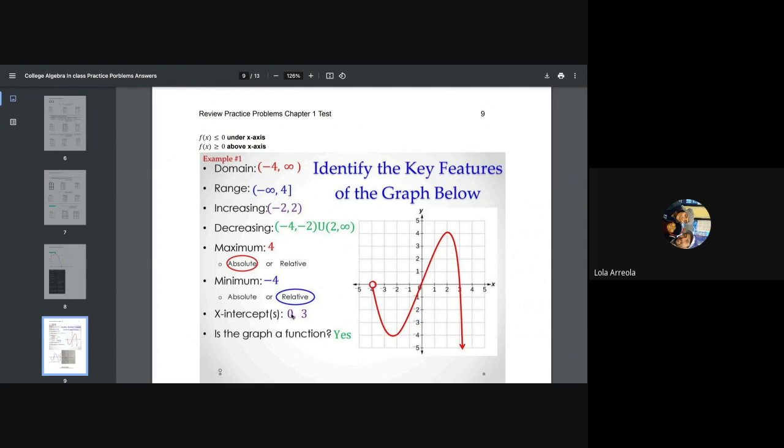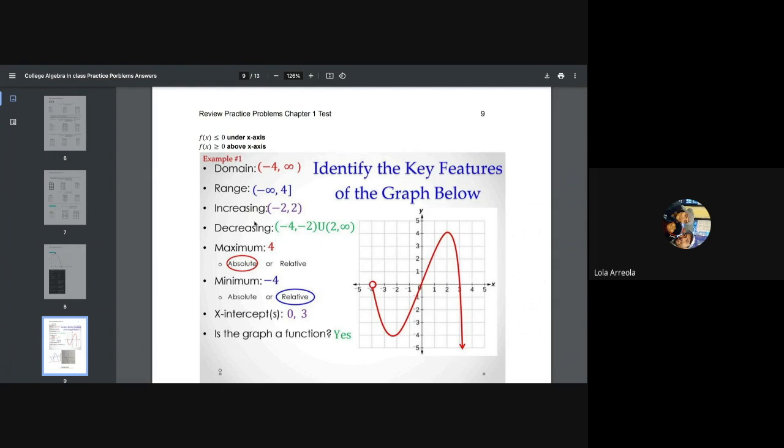Now, what intervals is it increasing? Well, here my graph is decreasing. I'm following the graph and I'm going down. Oh, now I'm going up and then I'm going down again. So where am I going up? Well, I'm going up right here, I guess -2. That seems to be that point. And it's going up to when x is 2.